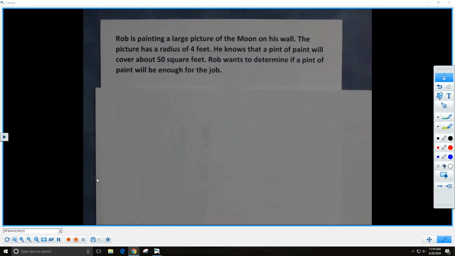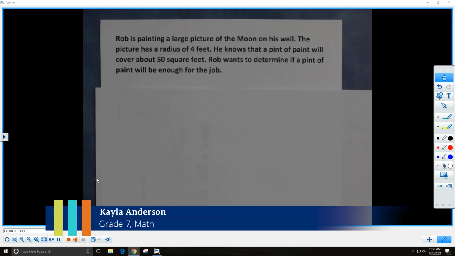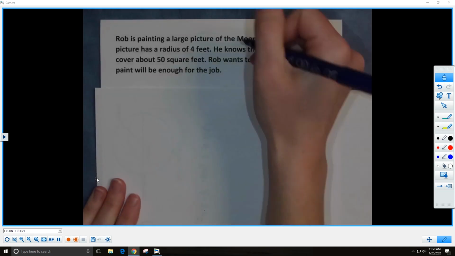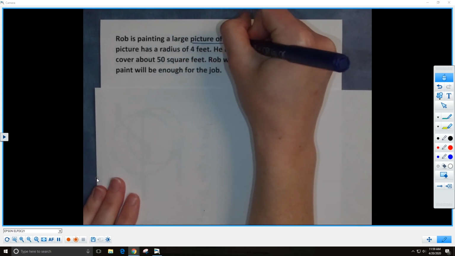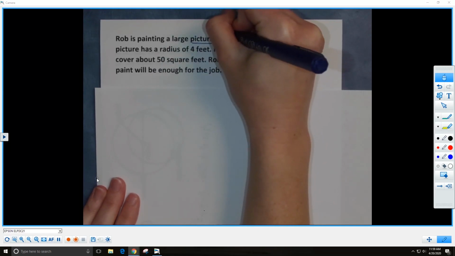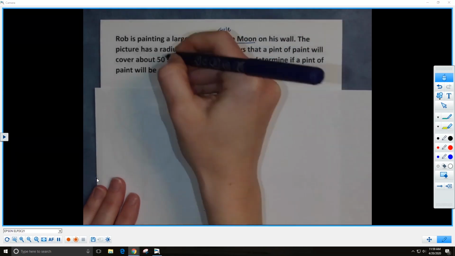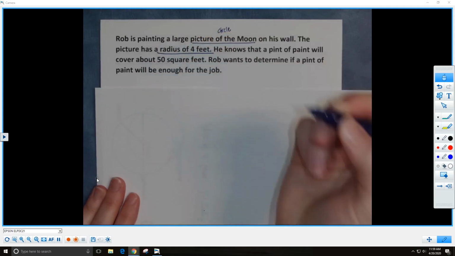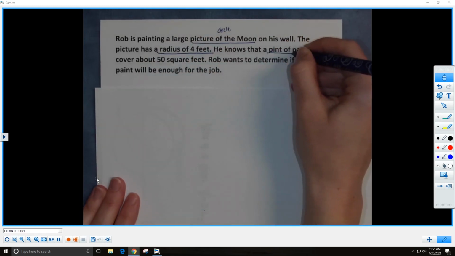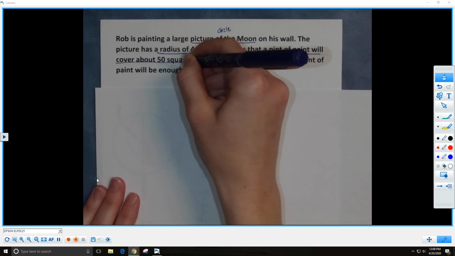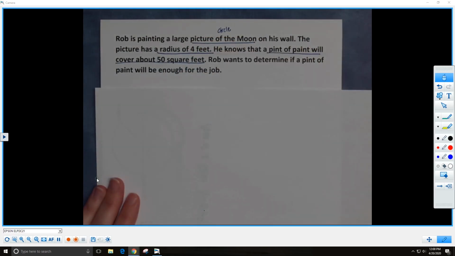What do we know from the problem? Well, we know that a picture of the moon is a circle. We know the radius of the circle is 4 feet. We know a pint of paint covers 50 square feet. So, the picture of the moon is a circle, has a radius of 4 feet, and a pint of paint will cover about 50 square feet.